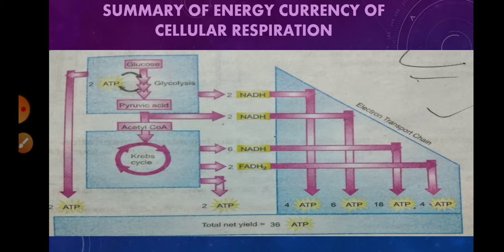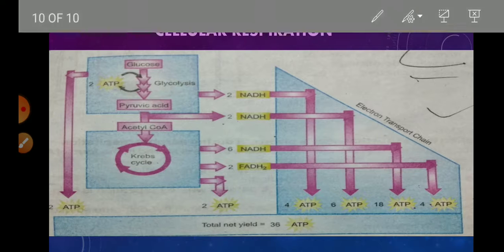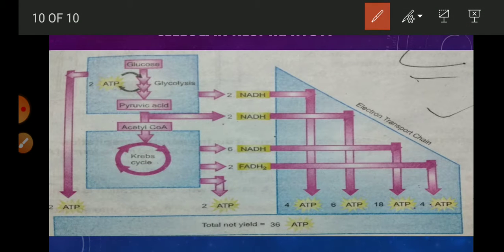So if we see the summary of the energy currency of cellular respiration, or the energy budget of cellular respiration, we can see here that in glycolysis we get 2 ATPs. In glycolysis, we get 2 ATPs and 2 NADH2, but 2 ATPs are utilized in glycolysis.